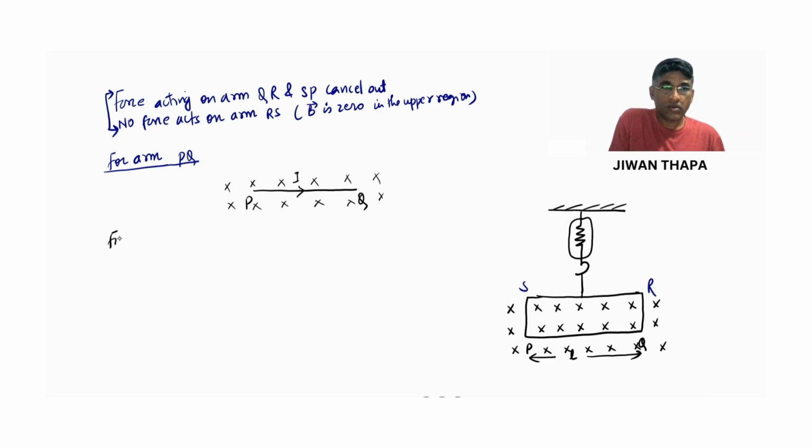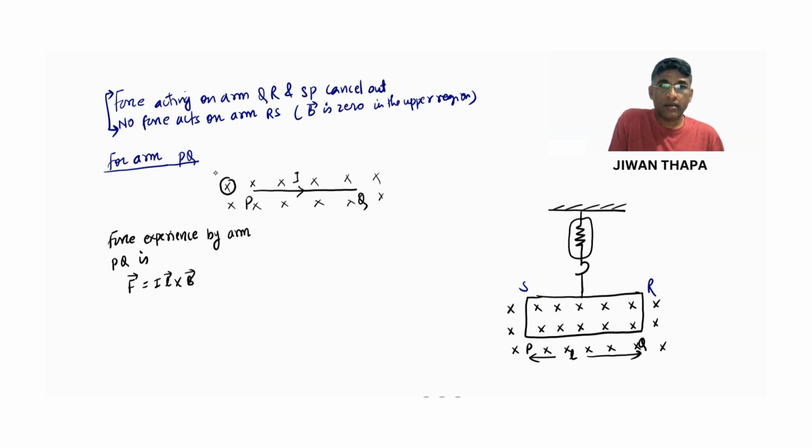So force experienced by arm PQ is F equals current element cross magnetic field. Okay.